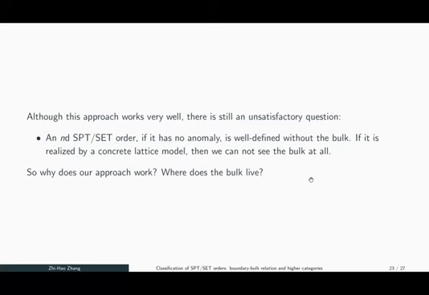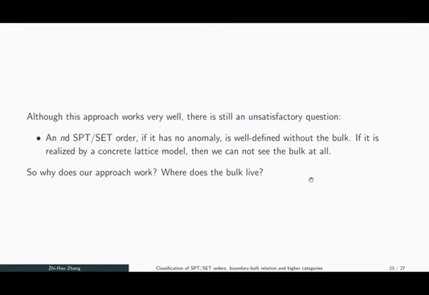Okay, so we have a very good approach of classification of SPT or SET orders, but there's still some problem. The problem is if an ND SPT order has no anomaly, it is well defined without the bulk.